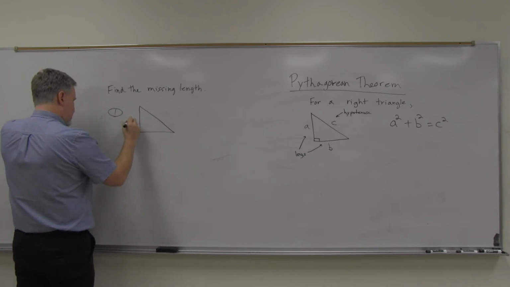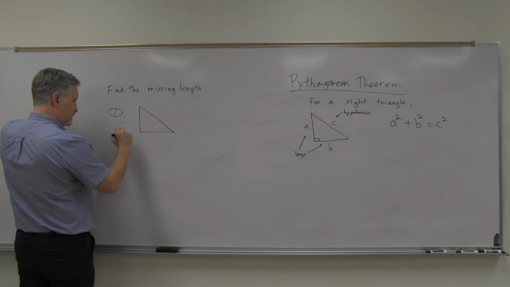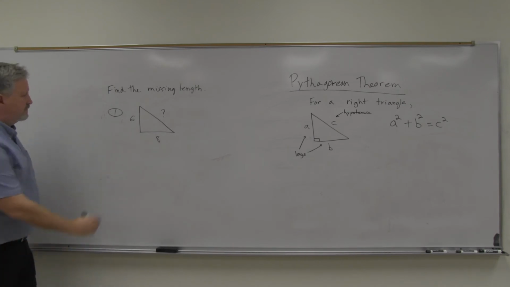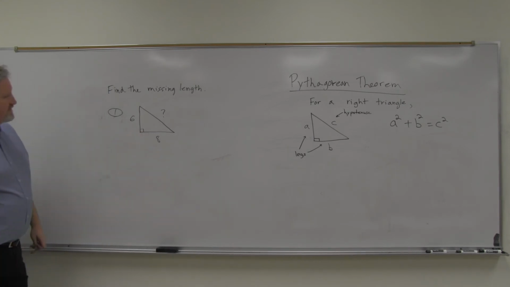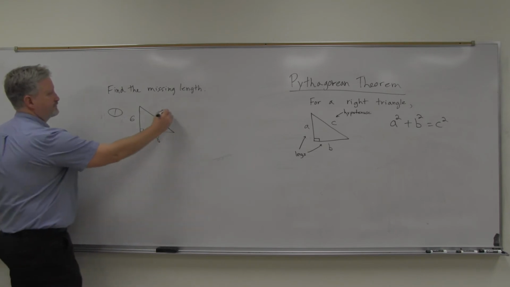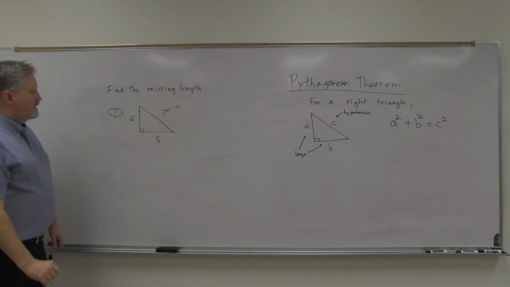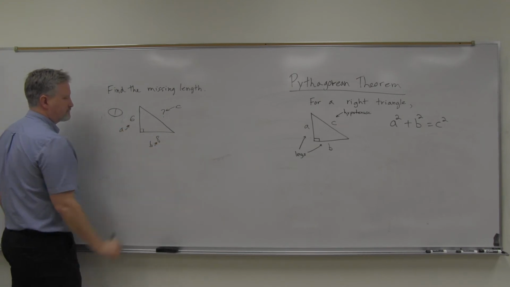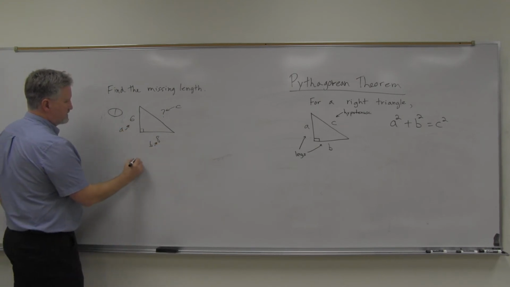Let's make it 6 and 8. In this particular case, we're missing our c, right? So the other two are a and b. So a is 6 and b is 8.